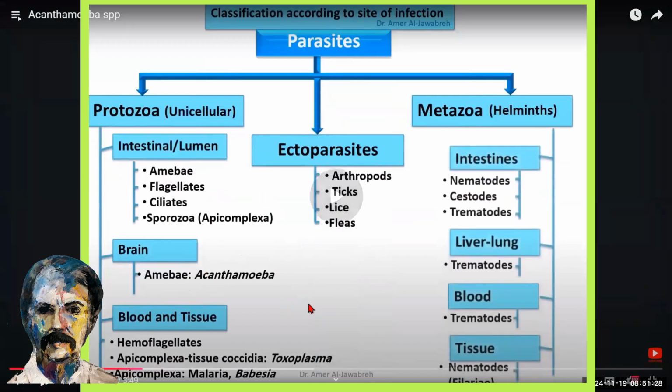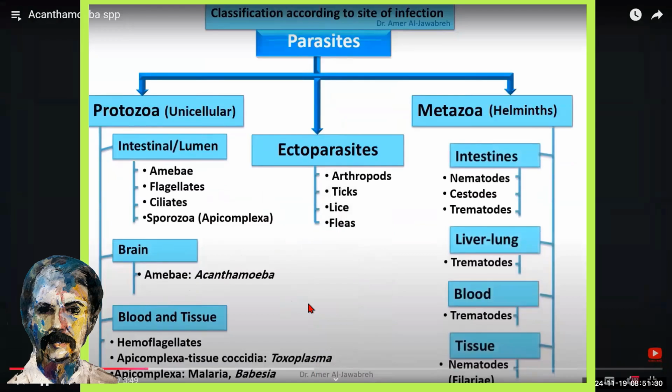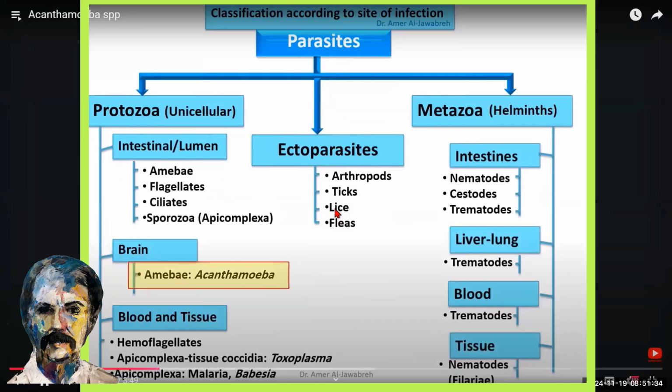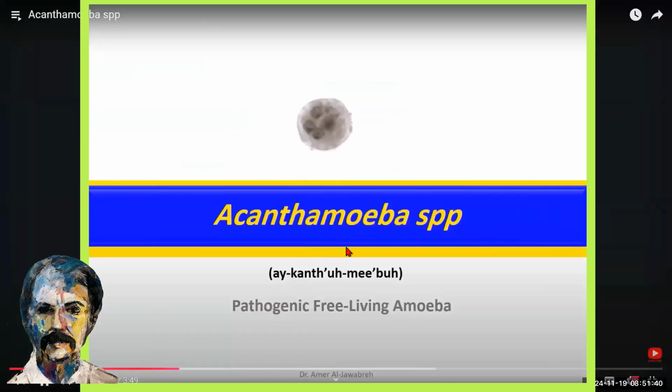Acanthamoeba, just like the previous two, in the brain. Pathogenic all the time, free-living amoeba. Usually its life cycle is complete outside the human, and humans are just incidental hosts.